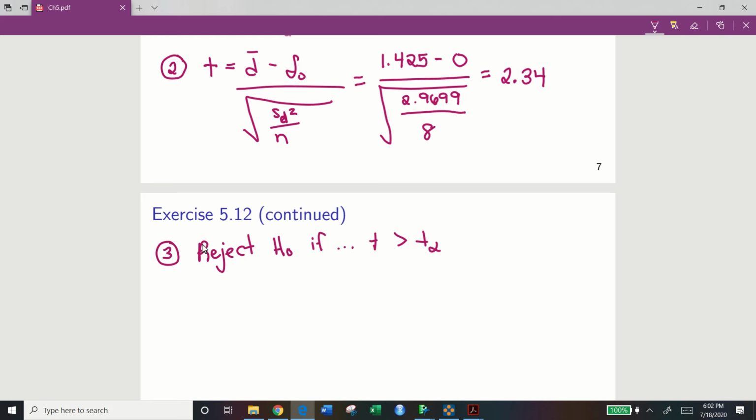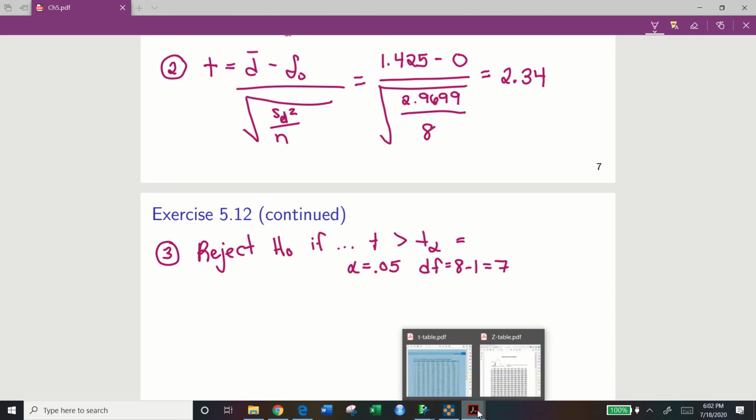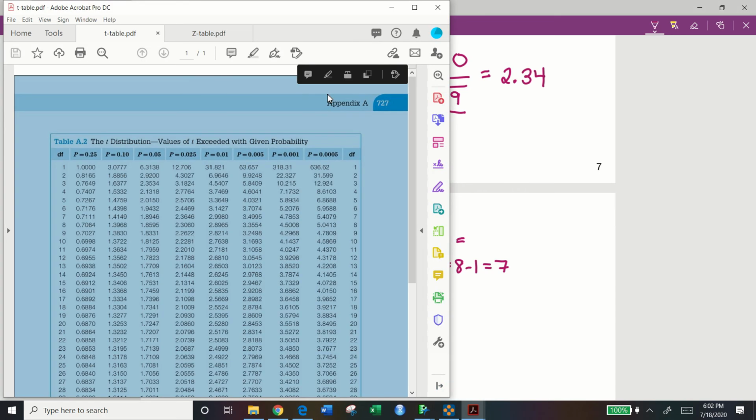Now we were not given an alpha value, and when we're not given an alpha value, that means we need to assume alpha is 0.05, and our degrees of freedom is going to be n minus 1 or 8 minus 1, which is 7. This will give us a t alpha value of, well, let's see, pulling up my t table.